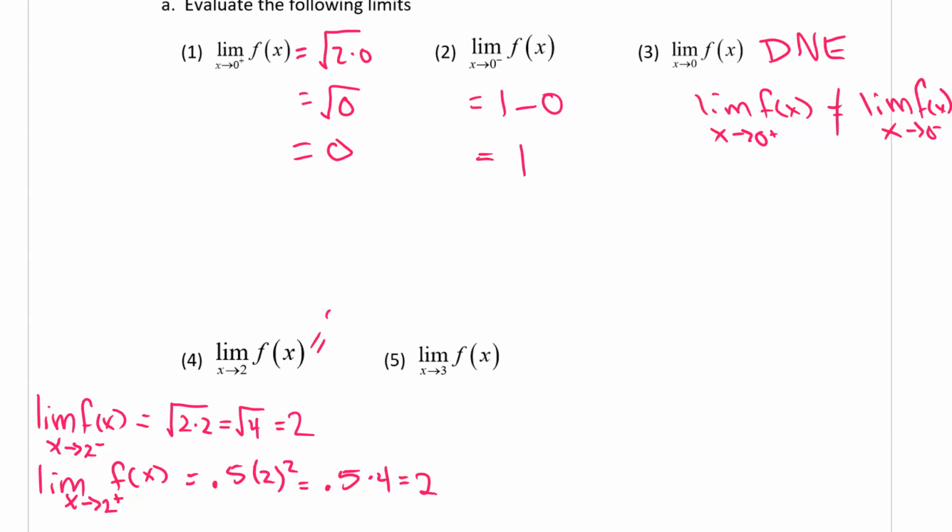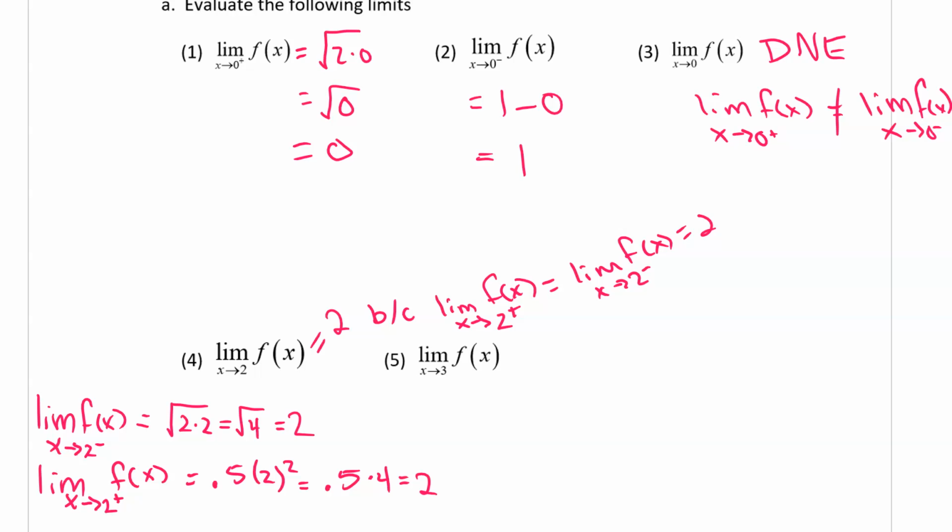So this limit is going to be equal to 2 because the left-hand limit and the right-hand limit are the same, and they're both equal to 2. It's important that we keep remembering to put that reason, so when we're in a test situation, we remember to put that reason.